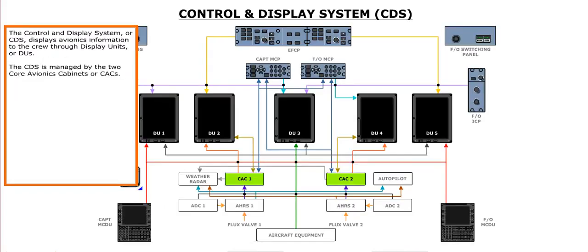The Control and Display System, or CDS, displays avionics information to the crew through display units, or DUs. The CDS is managed by the two core avionics cabinets, or CACs.